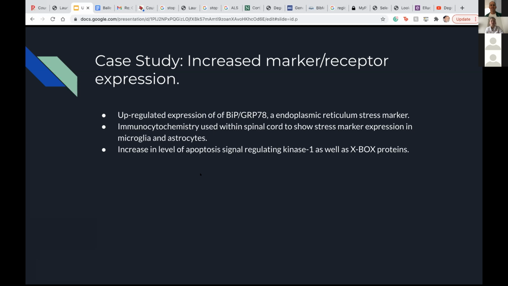They also noticed an increase in apoptosis signal-regulating kinase 1 as well as XBP1 proteins. The kinase 1 and the XBP1 proteins play a key role in inflammation of the spinal cord, and activation of unfolded proteins is the cause of the inflammation in that spinal cord.